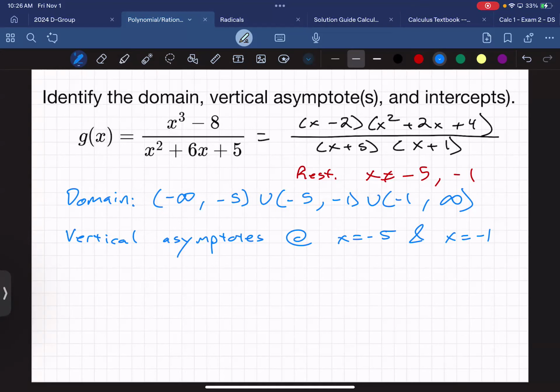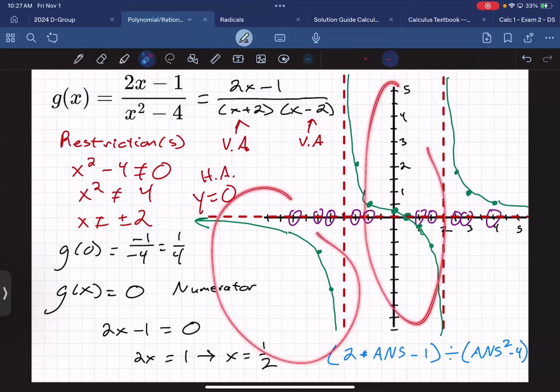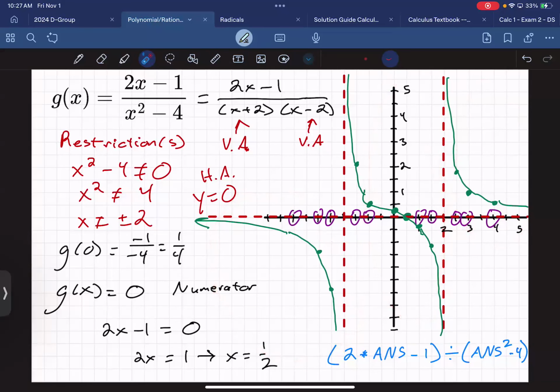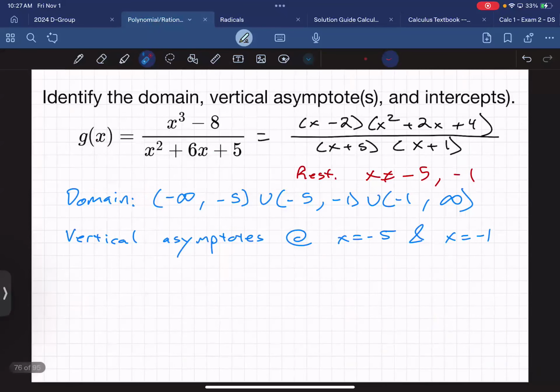And what we'll see here, like if I compare this back to what we did here, this is what our graph's going to end up looking something like this. Not exactly, but there's going to be some similarities here. Okay. So make sure you see, as you compare this one, I had 3 parts to my graph. 1, 2, 3. Well, that's because I had 2 restrictions that became vertical asymptotes, right? So that's what we're able to do here is say, hey, these are going to be the 2 things that break up my graph.